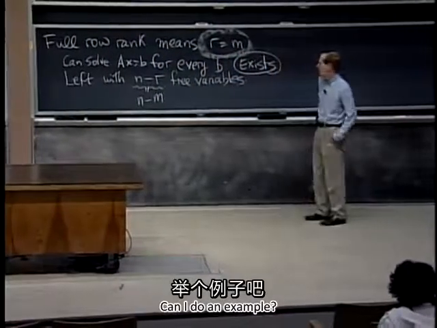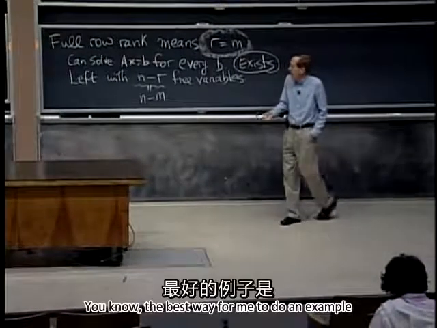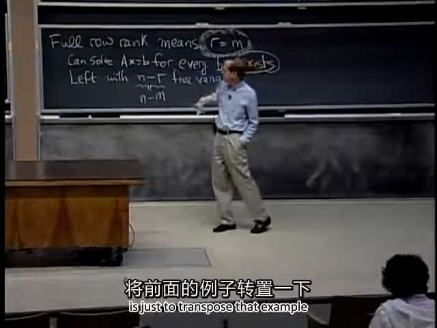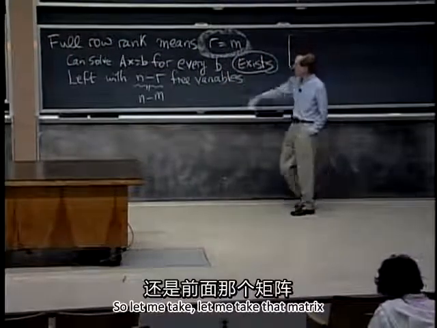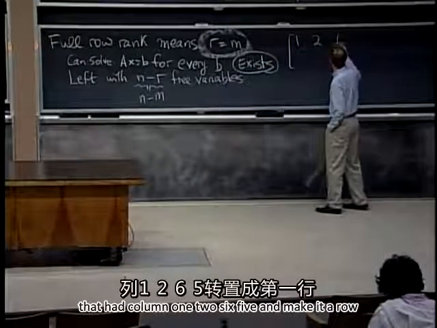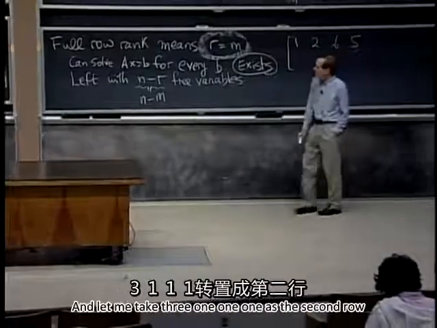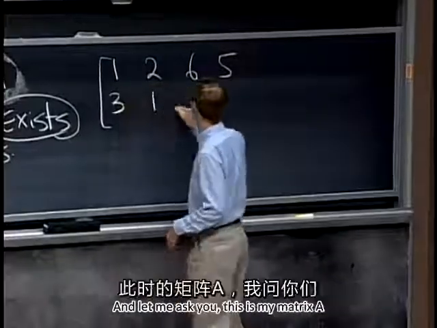Can I do an example? You know, the best way for me to do an example is just to transpose that example. So let me take that matrix that had column 1, 2, 6, 5 and make it a row. And let me take 3, 1, 1, 1 as the second row.